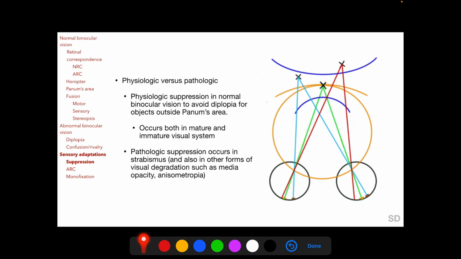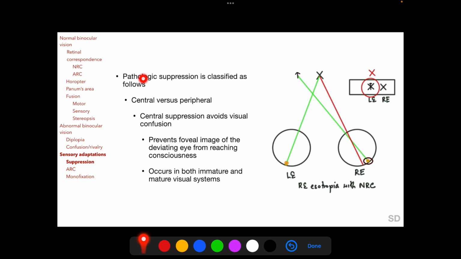And physiologic suppression to suppress physiologic diplopia occurs both in mature and immature visual system, that is both in young children as well as in adults. Pathologic suppression occurs in strabismus and also in other forms of visual degradation such as media opacity and anisometropia. Pathologic suppression can be classified as central versus peripheral, non-alternating versus alternating, and constant versus facultative.